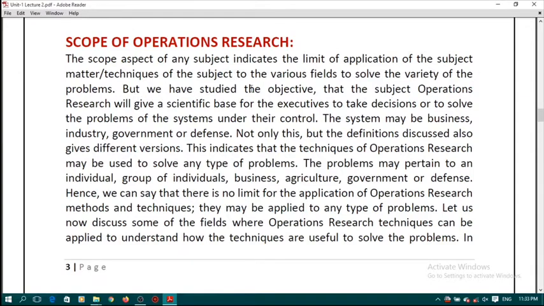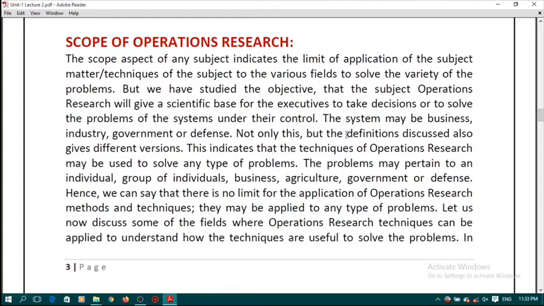But we have studied the objective that the subject operation research will give a scientific base for the executives to take decisions or to solve the problem of the system under their control. The system may be business, industry, government, or defense.